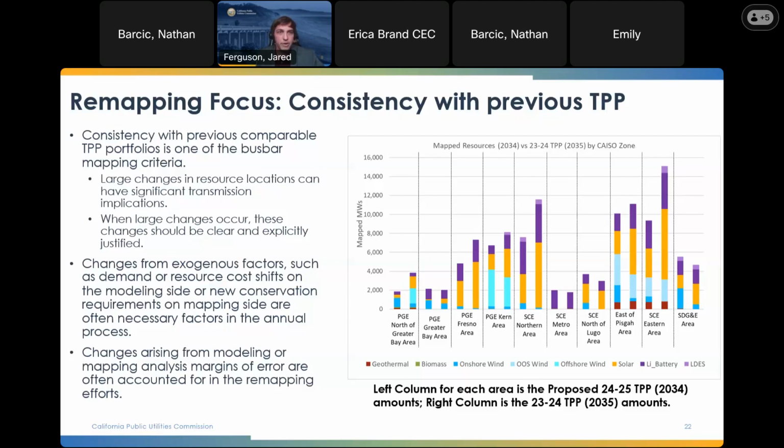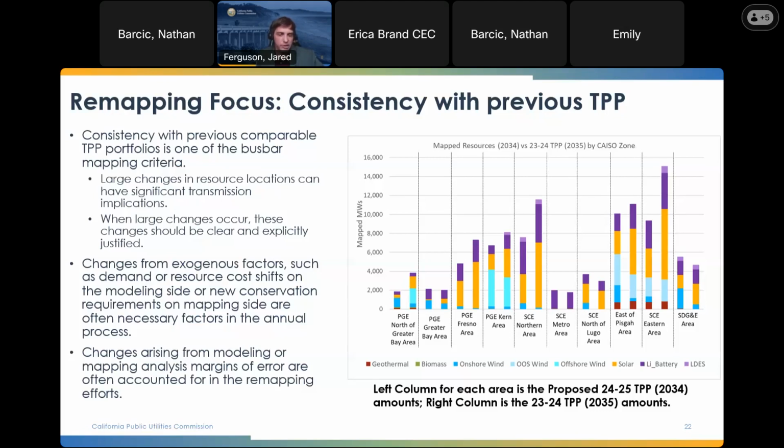We have to do the additional analysis to assess what is driving that change. For example, if it's a change in demand forecast or cost shifts or other exogenous factors, those are essentially a necessary part of the annual cycle that is this long-term planning.